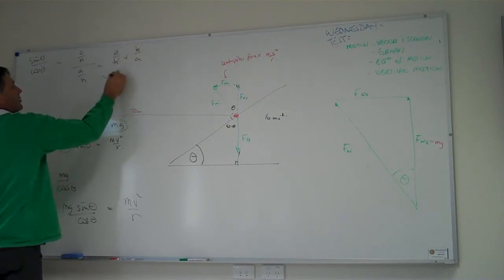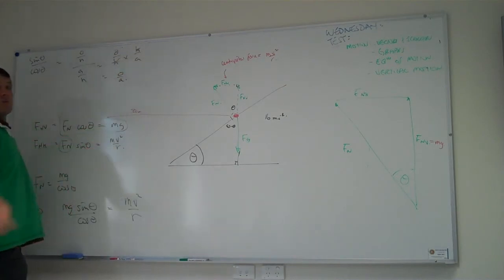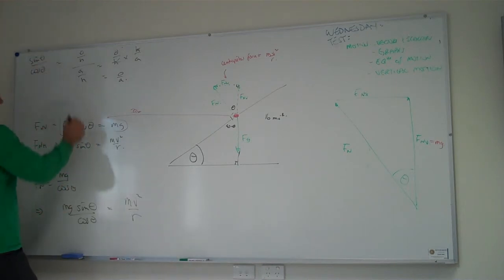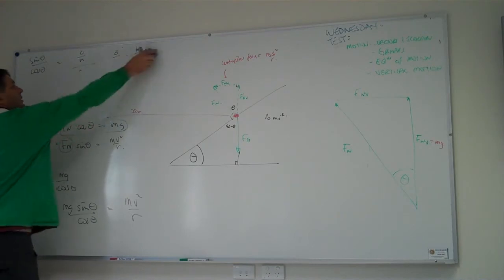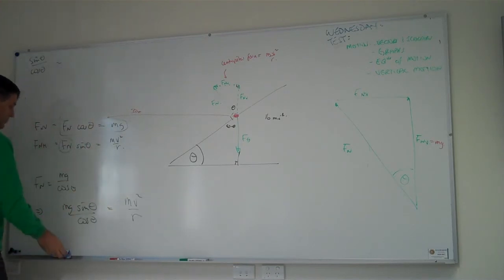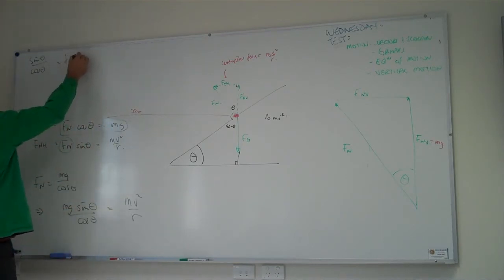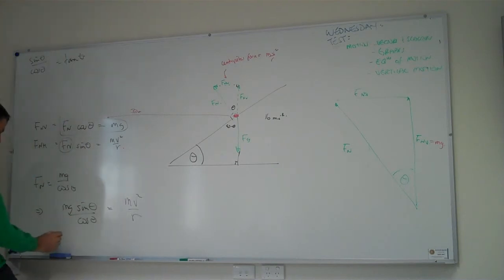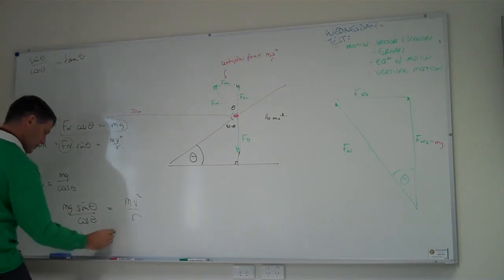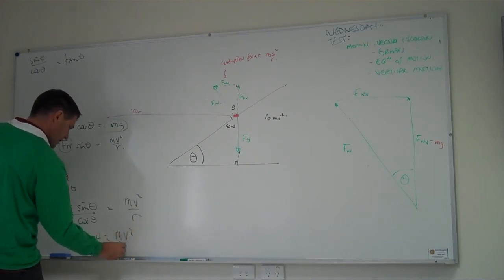They cancel out, equals opposite over adjacent. And what does opposite over adjacent equal? Tan theta. So mg tan theta equals mv squared on r.